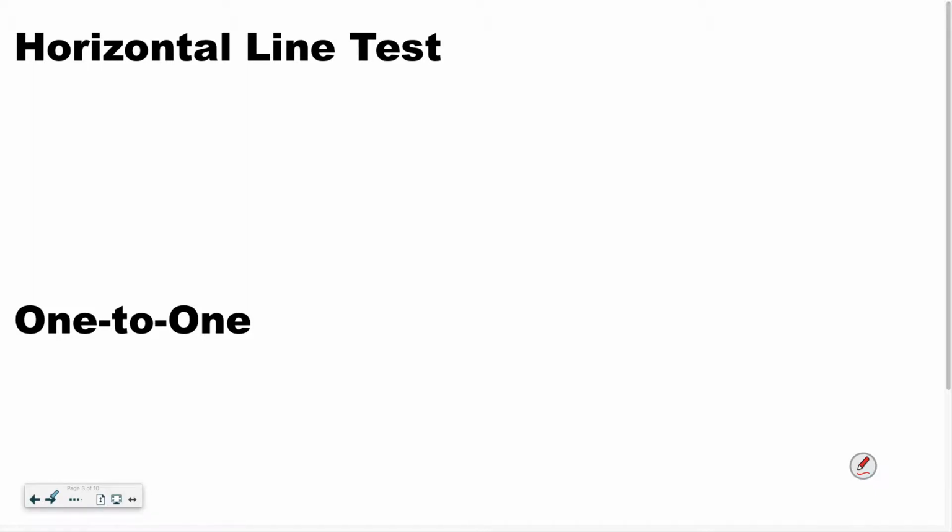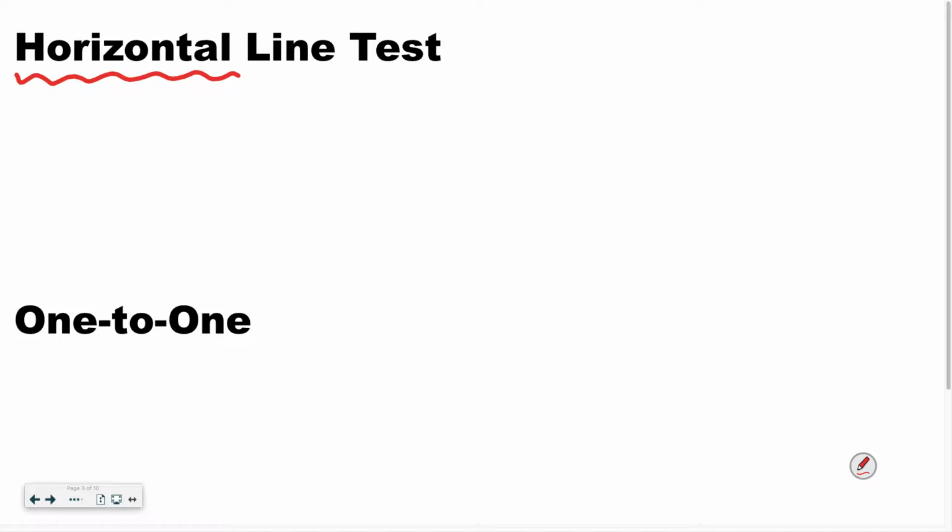To see if there's 2 points that touch horizontal. Okay, and if on my vertical line it goes through more than twice, what does that mean? It's not a function, okay? So our vertical line tests to see if it's a function. Our horizontal line test, same principle, does it go through more than once?